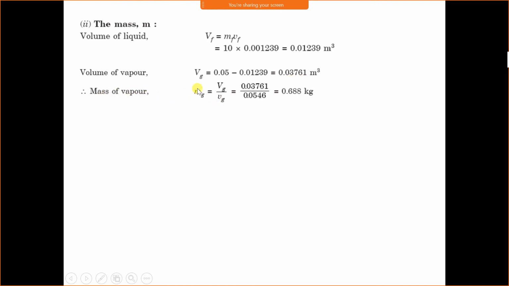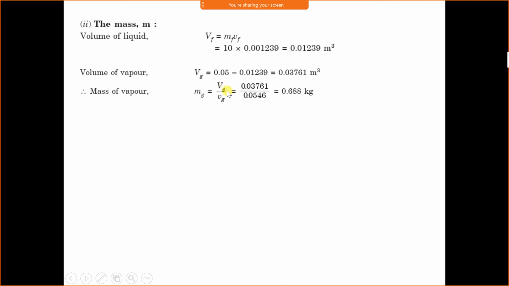Therefore, mass of vapor mg is equal to capital Vg upon small vg. Capital Vg is a total volume and small vg is a specific volume. The unit of capital Vg is meter cube and unit of small vg is meter cube per kg. Therefore, kg will go into the numerator and meter cube will get cancelled.